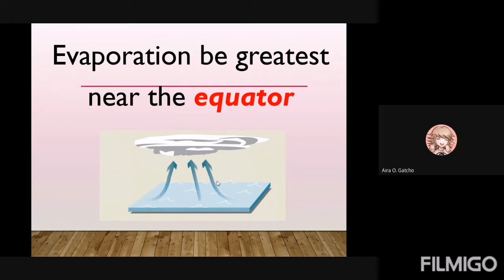Ma'am, mas mataas po yung temperature po doon. Very good, Ira. So, in the equator, there is a higher temperature. That's why, as a result, there will be the greatest evaporation.